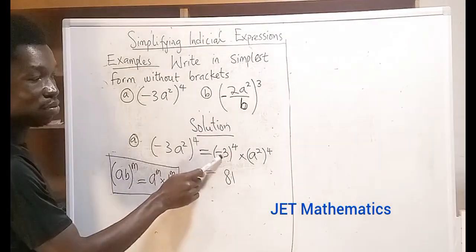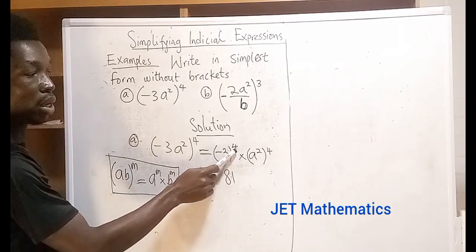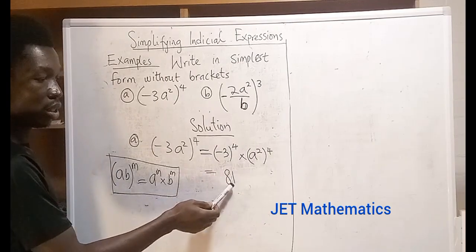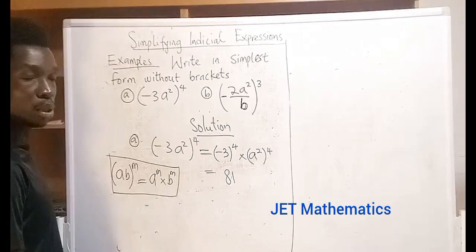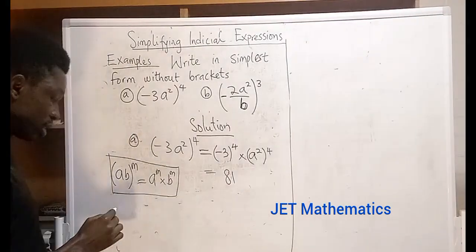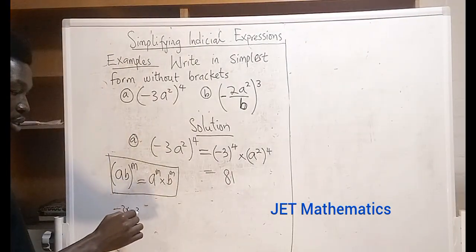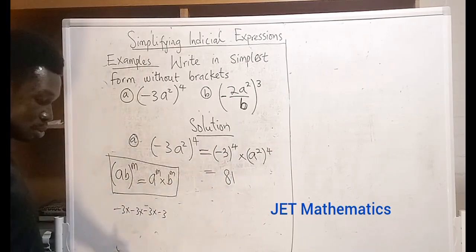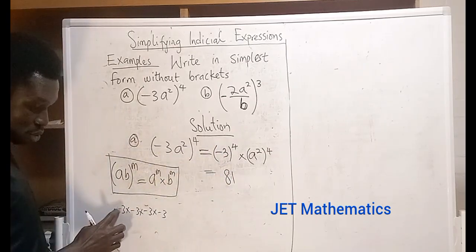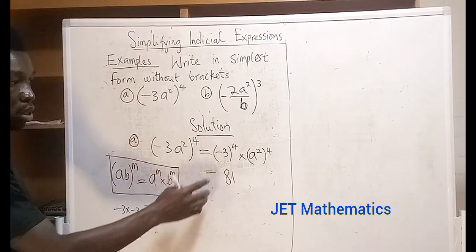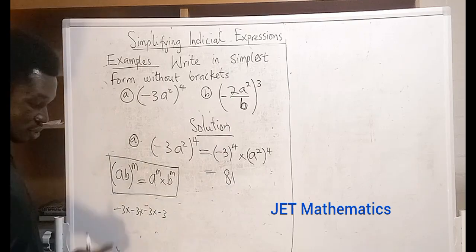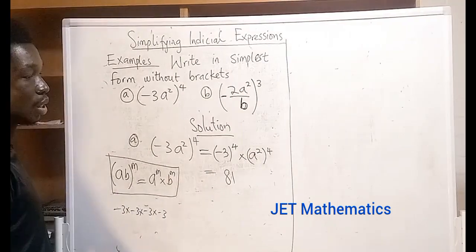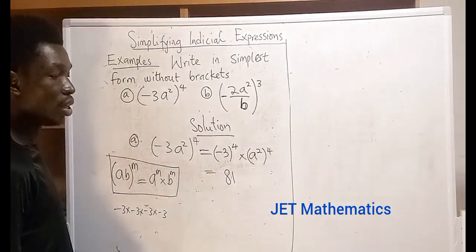When a negative number is raised to an even power, and this number 4 is even, the result will be positive. For instance, you have minus 3 times minus 3 times minus 3 times minus 3 for minus 3 raised to the power 4. Minus times minus is plus, plus times minus is minus, minus times minus is plus. So that gives us positive 81.